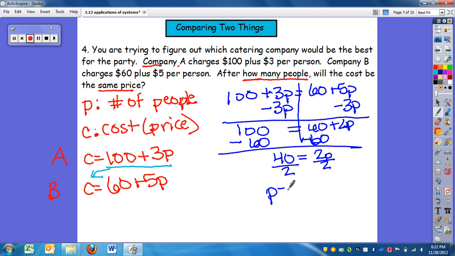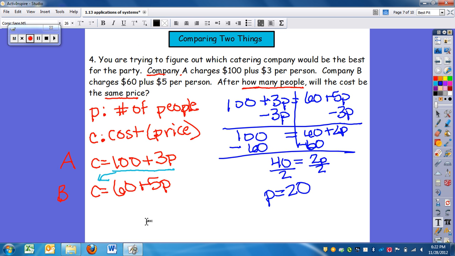All right, so P equals 20. So I now need to do my last step, which is answering the question. So I can write: after 20 people, they cost the same. Again, I don't need to answer the same price, because all I'm asking is for how many people the 2 companies cost the same.